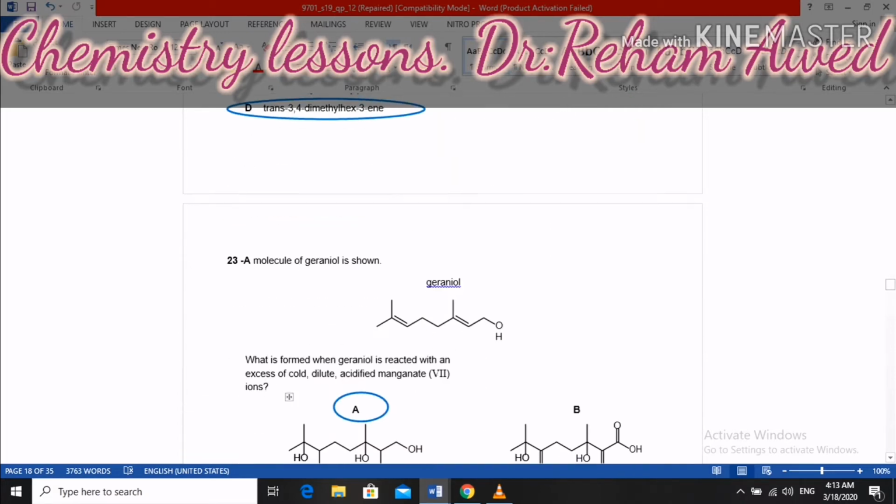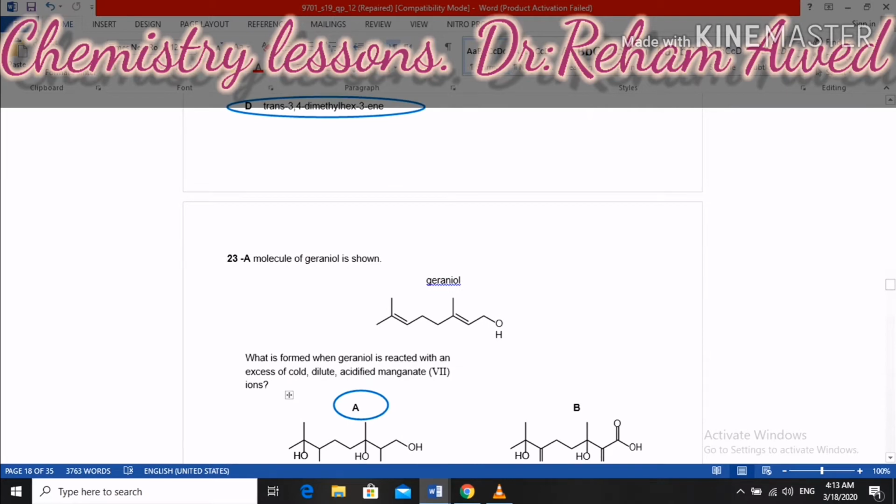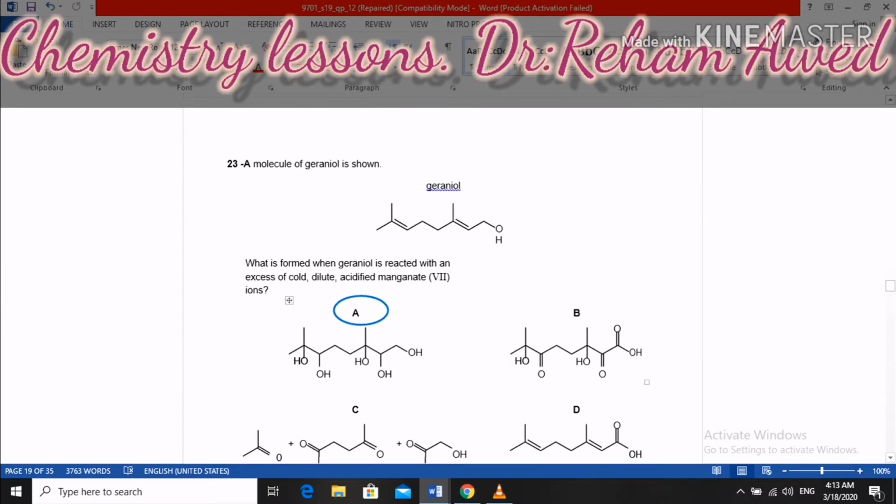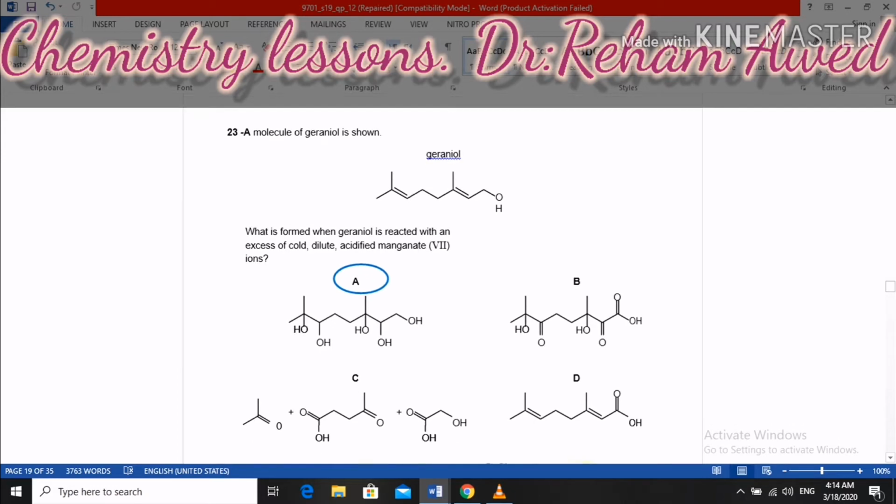Next, question number 23. A molecule of limonene is shown. What is formed when limonene is reacted with an excess of cold dilute acidified potassium permanganate? At first, we have two choices for oxidation by using acidified potassium permanganate.